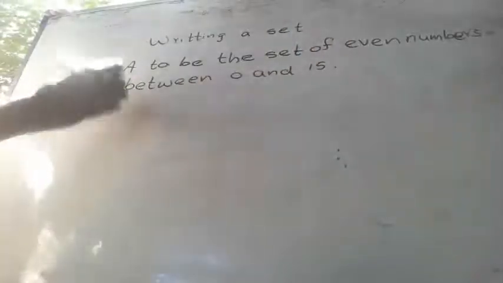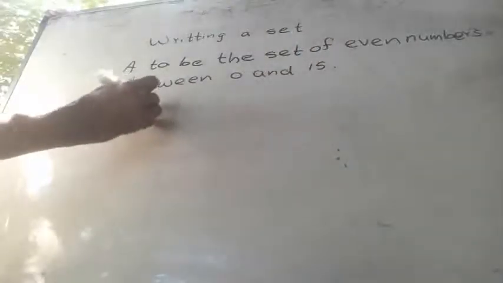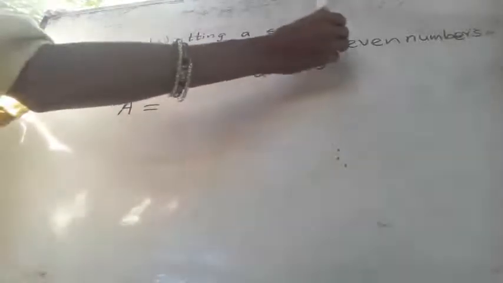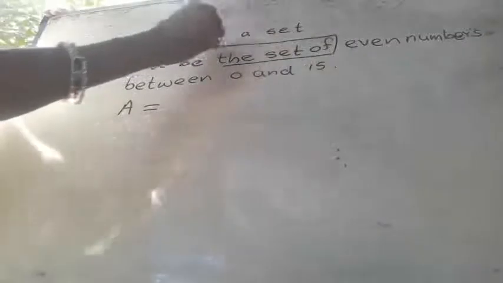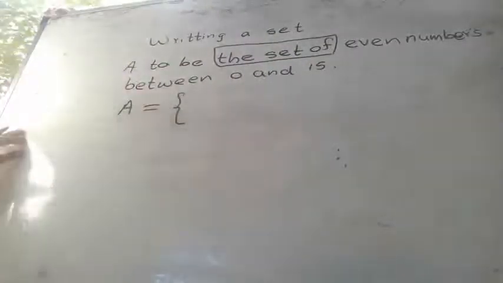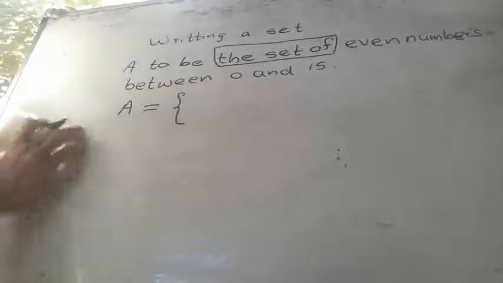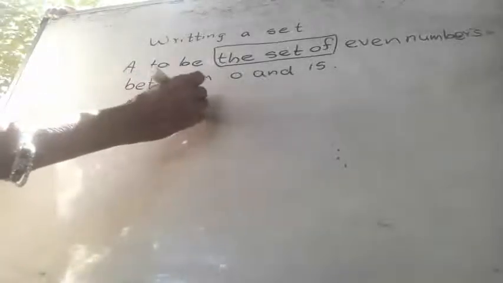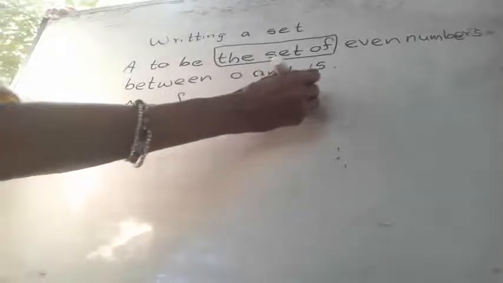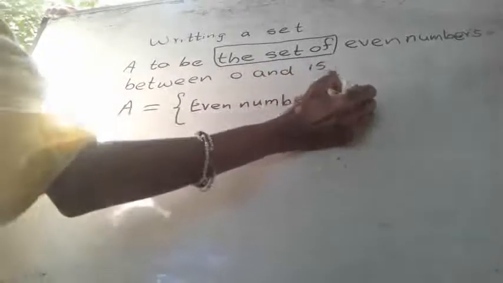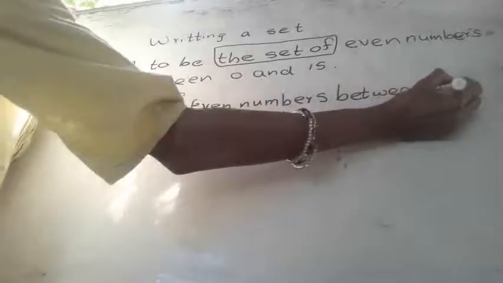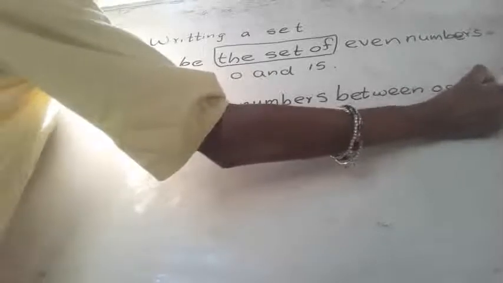Here we write curly brackets: even numbers between 0 and 50.